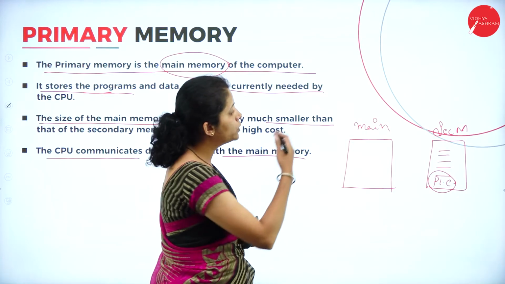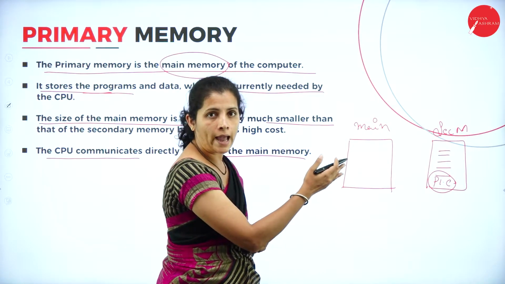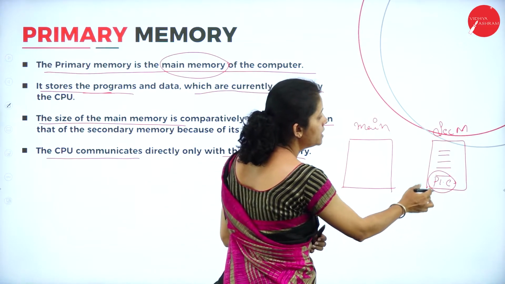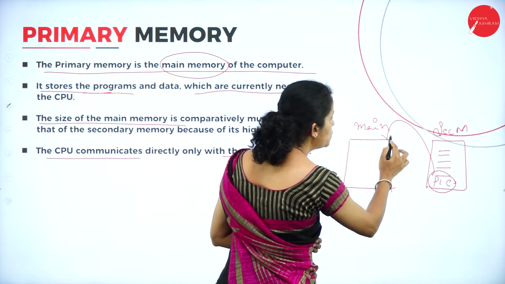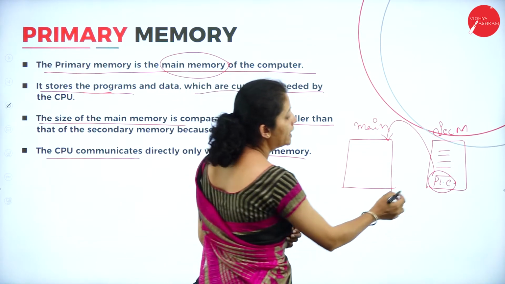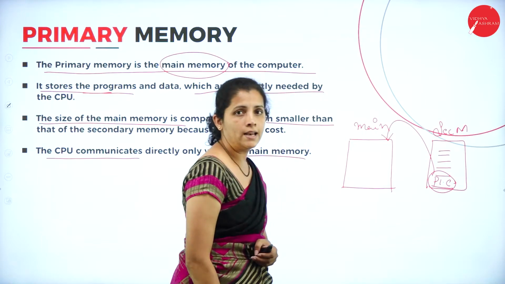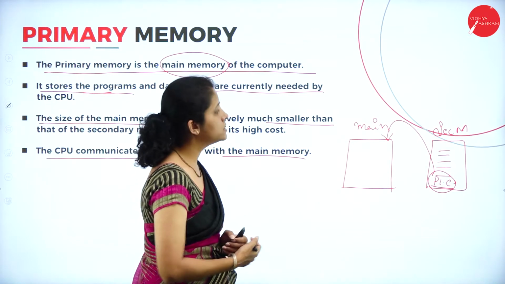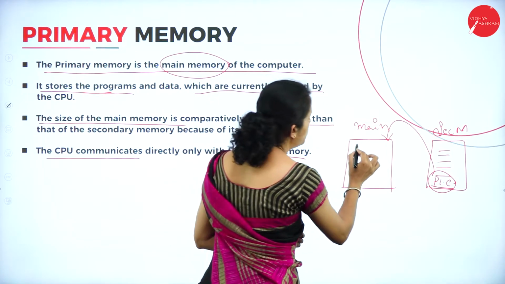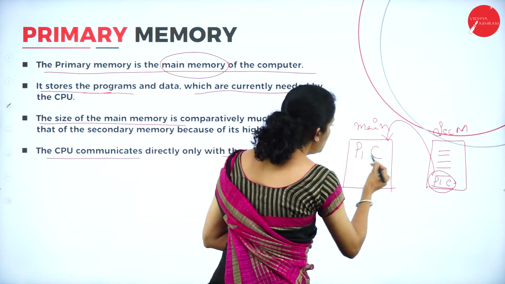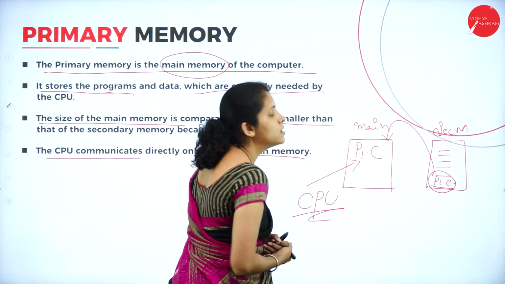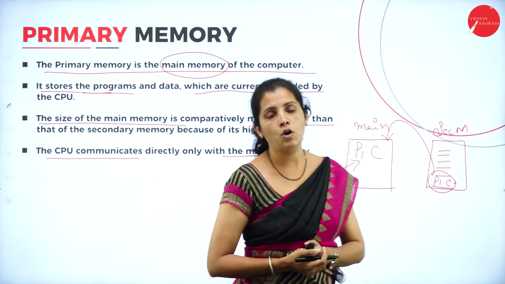But before executing that program or data, it must be brought from the secondary storage to main memory. So what is the first job? Get this file or program which is stored in the secondary storage device to main memory. Now the CPU can execute this program P1.C.